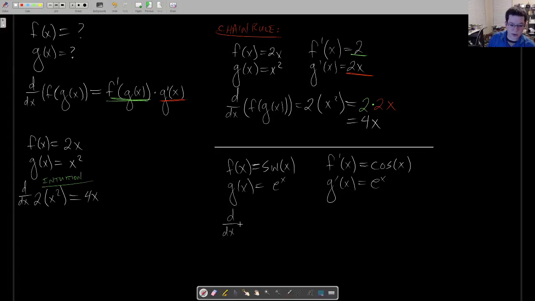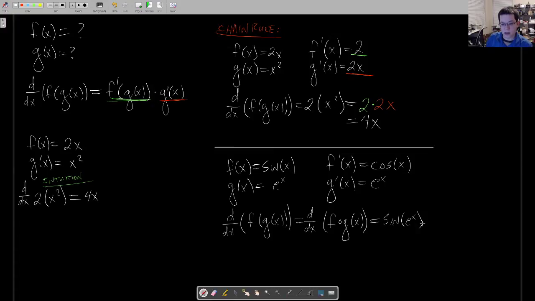So if we want the derivative of the composite function, which you may actually also see written that way, that's the same thing. It's just written a little different. So that's going to be sine of e to the x, which is actually a fun graph if you get to look at it. I think I can plot that for you here in a little bit.